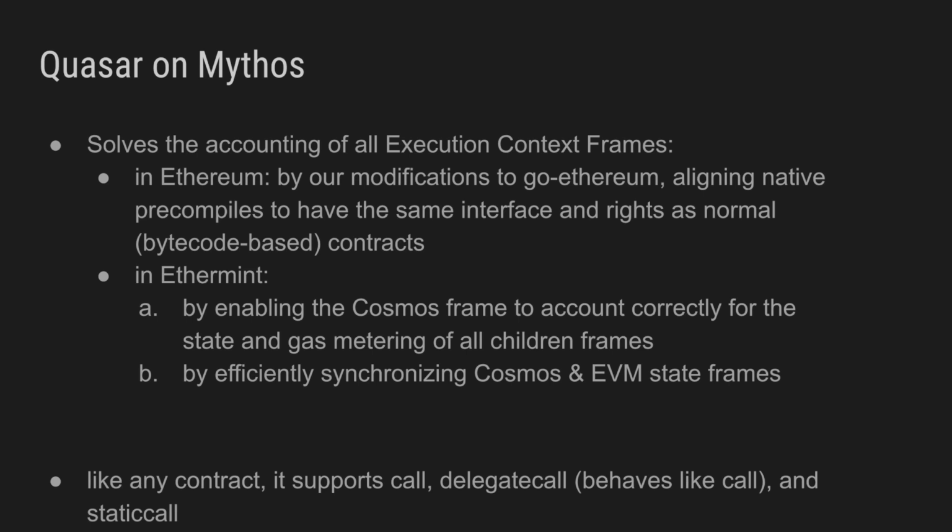Also, like any other contract or precompile, Quasar supports call, delegate call, which behaves like call in this case, and static call. And you can bring Quasar to your Cosmos EVM chain now.